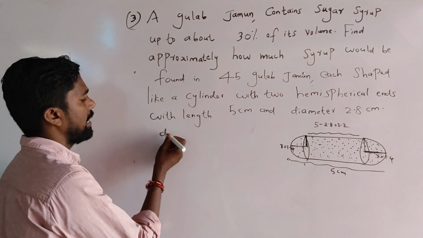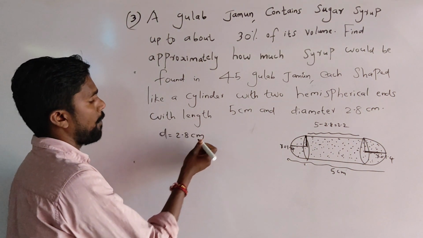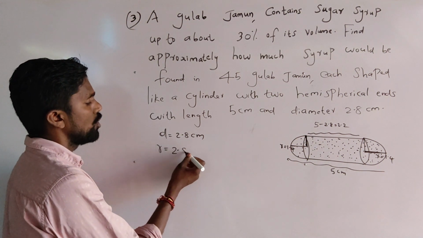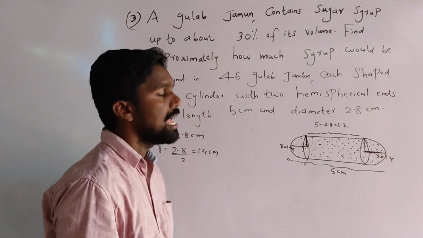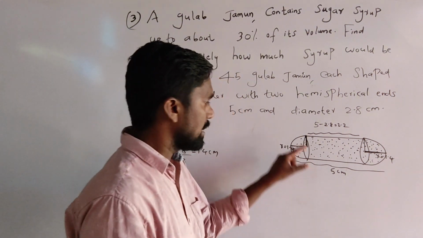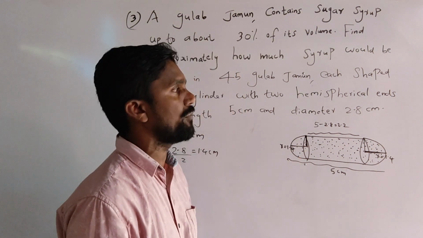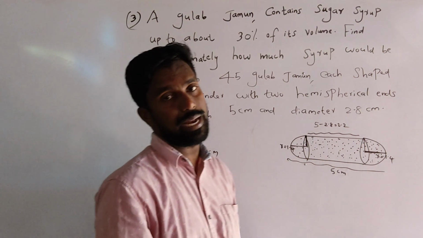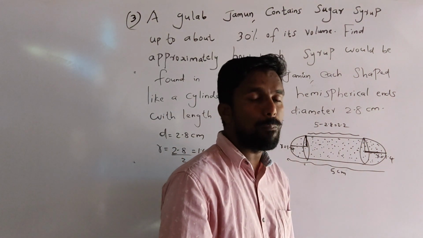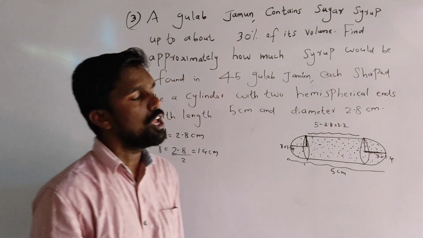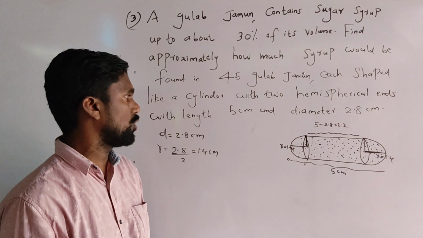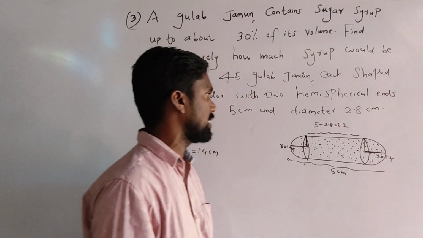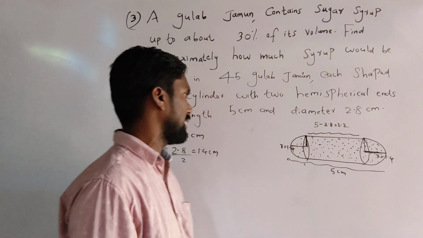Diameter, listen, diameter 2.8, then radius is equal to 2.8 by 2, 1.4 centimeter. That means the cylinder radius is 1.4, hemisphere radius is 1.4, 2.8 is the diameter. So radius of the hemisphere, radius of the cylinder, is equal to 2.8 by 2, that is 1.4 centimeter.